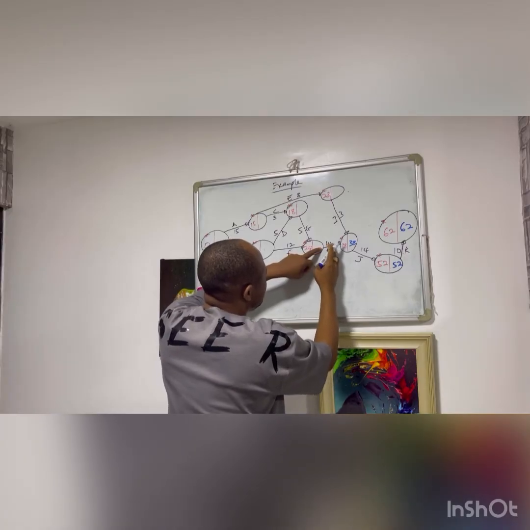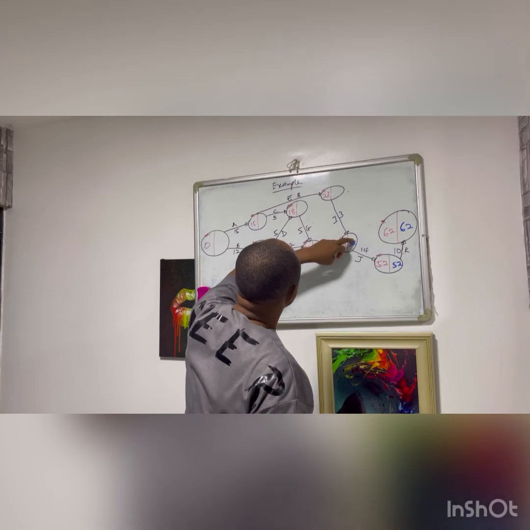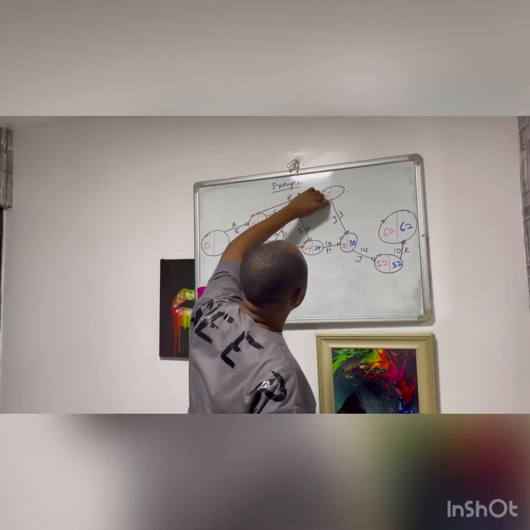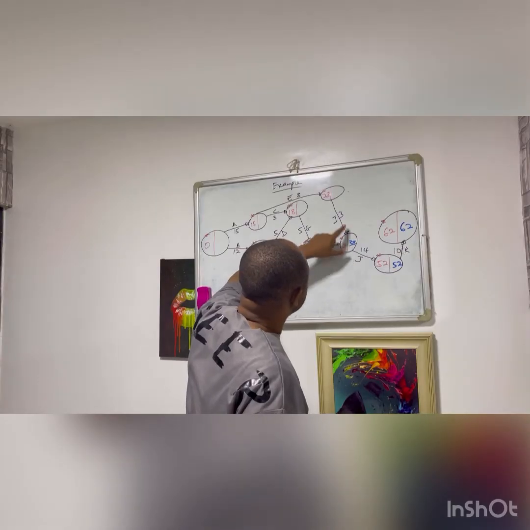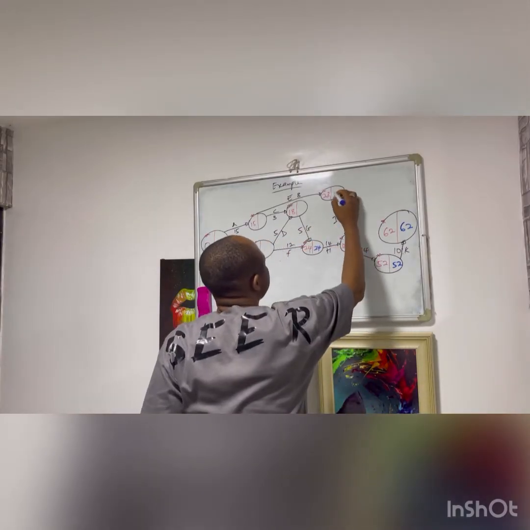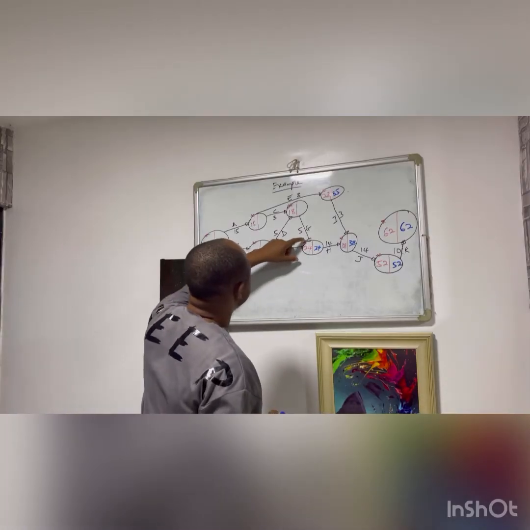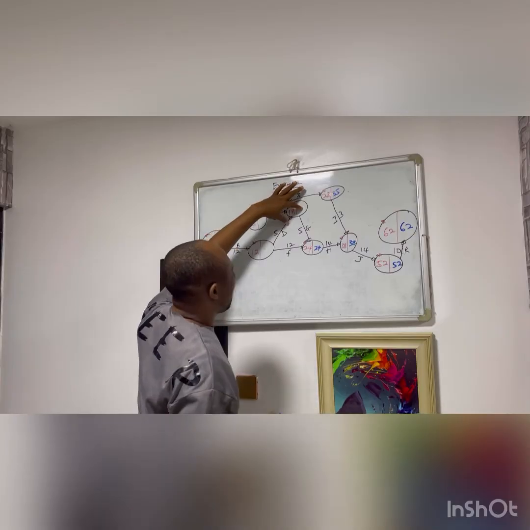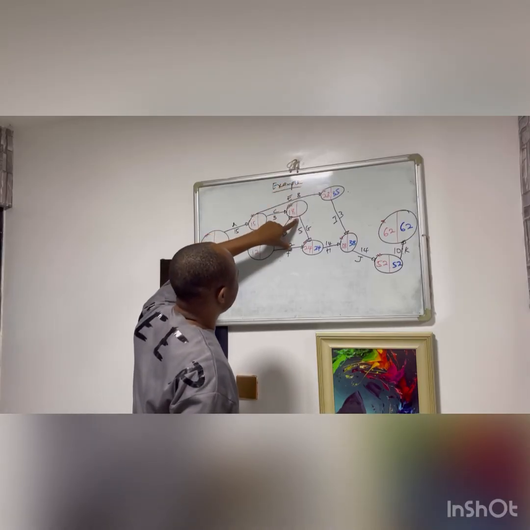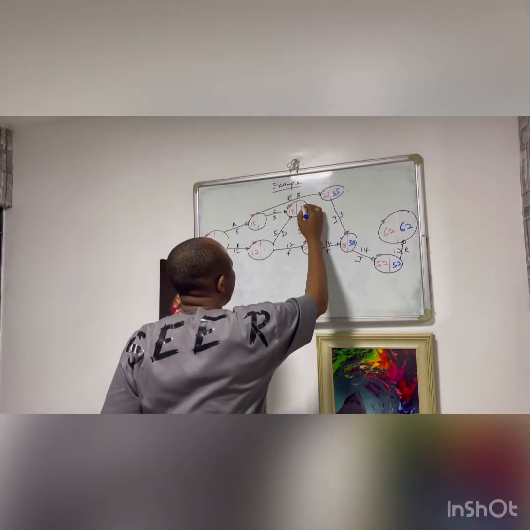So I subtract 14 from 38, I have 24. If I follow this arrow back here, I have only one arrow originating from this circle. So if I subtract 3 from 38, I have 35. If I follow this arrow into this circle, I have only one arrow originating from this circle. So if I subtract 5 from 24, I will have 19.